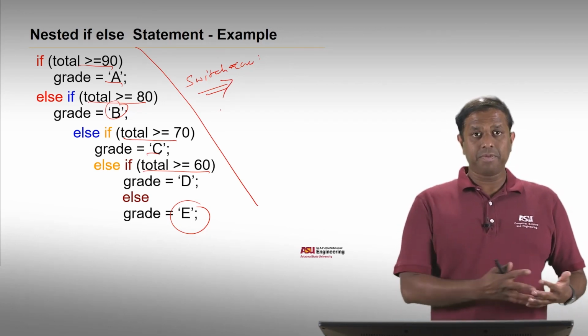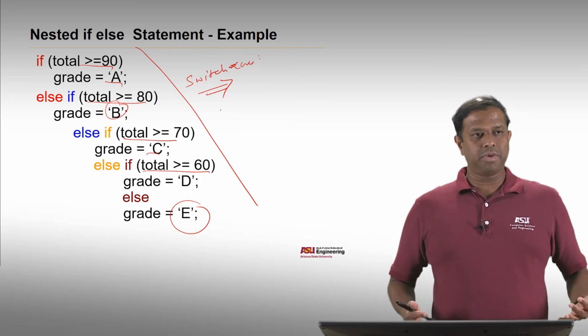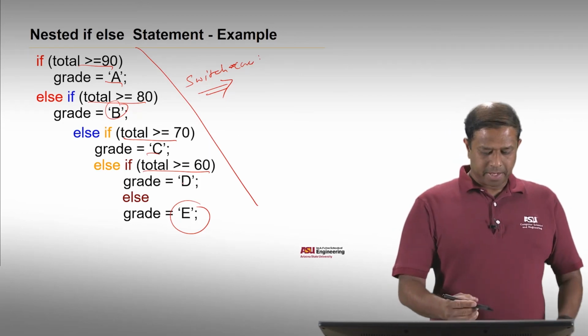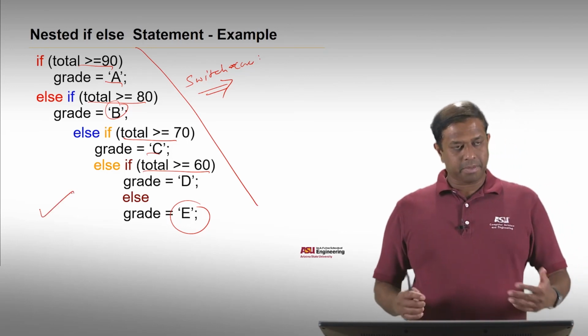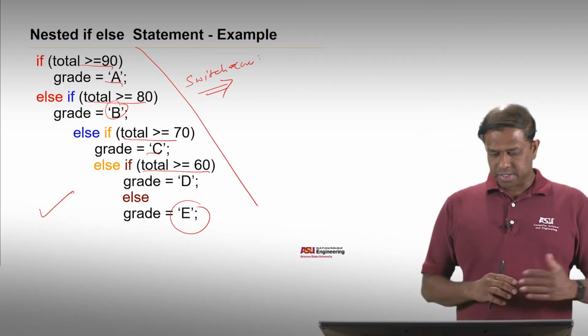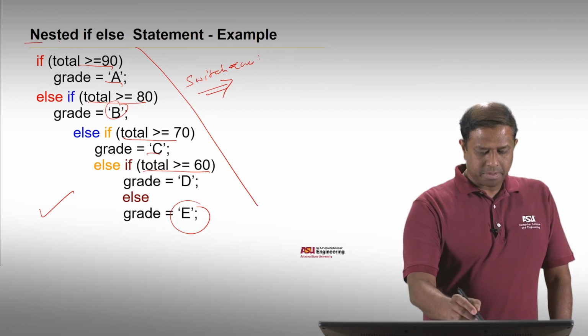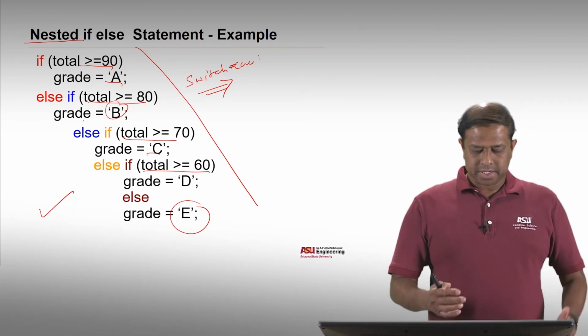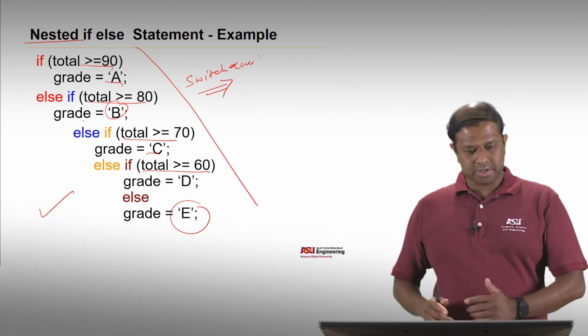Sometimes we have situations where there's no way we can convert these types of ranges into a corresponding switch case. Then we need to use a regular if else statement. This type of statement is called a nested if else statement, because an if else is inside another if else, and so on and so forth, right?